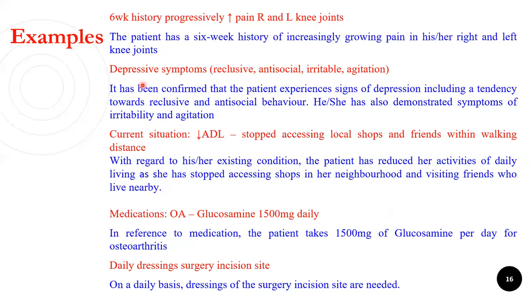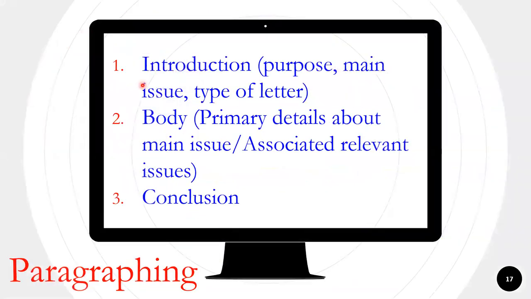So don't look at dressings and think it's singular. So dressings of the surgery incision sites are needed. So this is what you'll be doing basically. Once you're able to select the relevant case notes, you have to expand them into complete sentences. This is one way of getting your 180 words after all. So you have to do that.